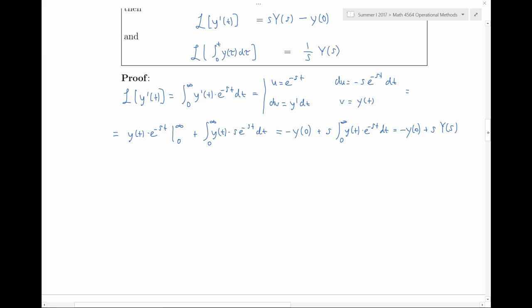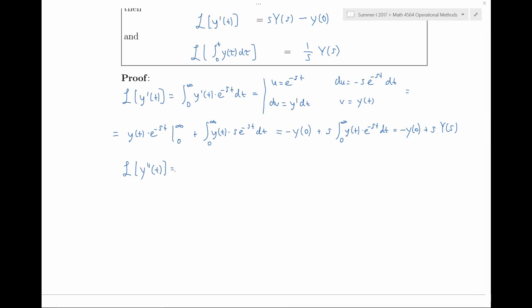I'm going to derive one more formula that we're going to use later today, which is the Laplace transform of a second derivative. And the way I do it will help you with the homework. You might imagine I will try to take an integral, but it's a lot easier.